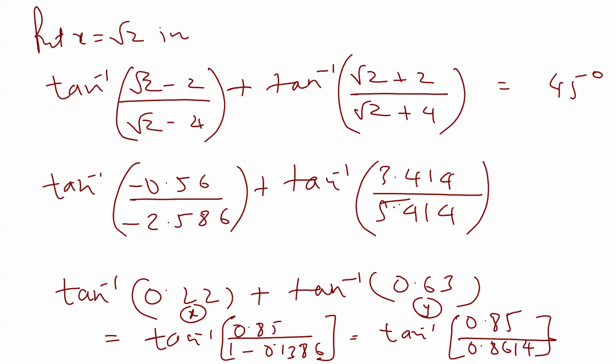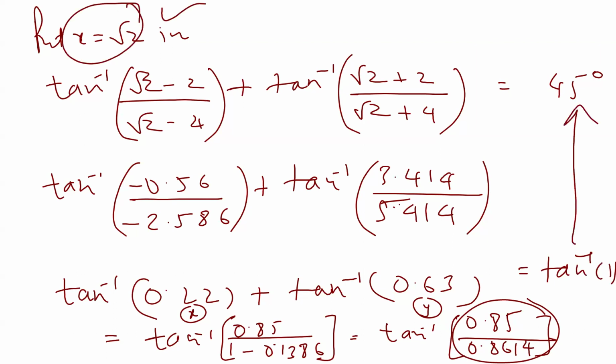So 0.85 divided by 0.8614 is 0.987. So this is almost equal to 0.99, or 1. So this is tan inverse of 1, and tan inverse of 1 is nothing but 45 degrees. That means this is one of the possible answers.